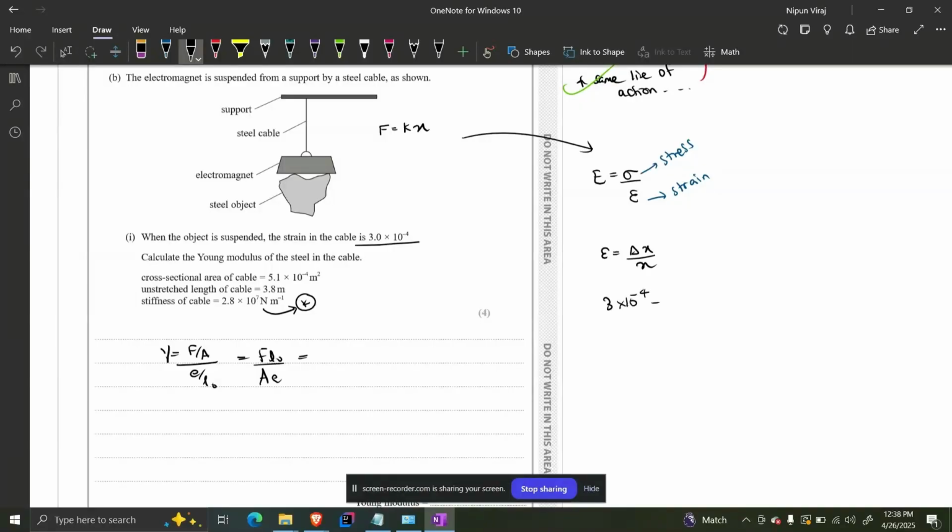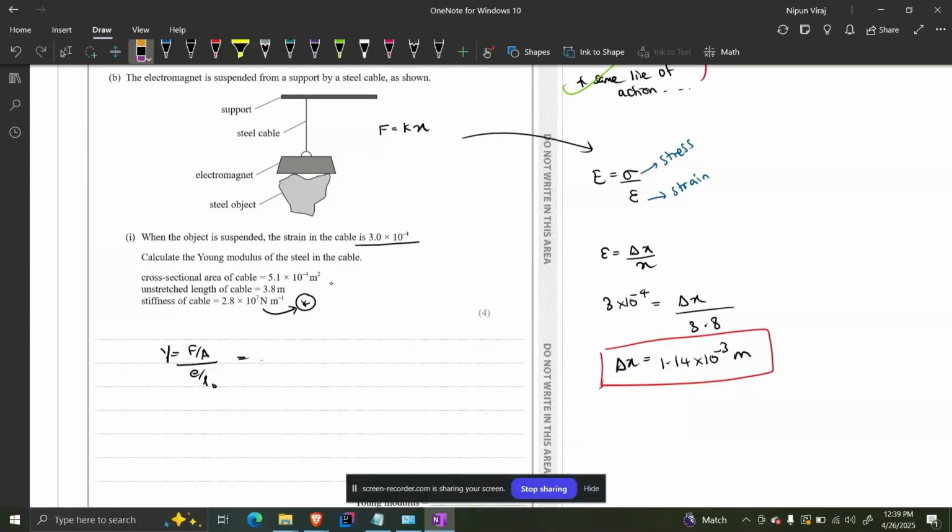Using this strain we can get this delta x. That is an important quantity that we have found. So delta x will be 1.14 into 10 to the power minus 3 meters, and if you have found this we can almost find everything.